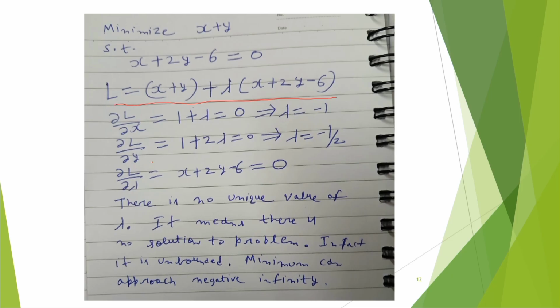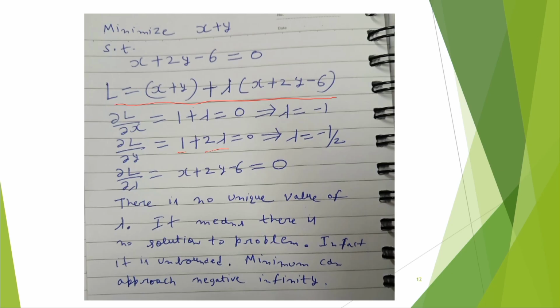Again I do del L by del y is equal to 1 plus 2 lambda, because when you partially differentiate with respect to y, you get 1, and if you differentiate the 2y term with lambda, you get 2 lambda, and this is equal to 0. So, we get lambda is equal to minus 1 by 2. So, you get two different values of lambda.